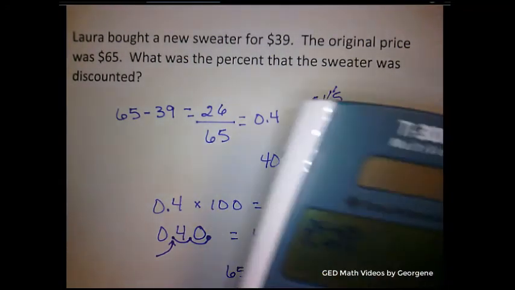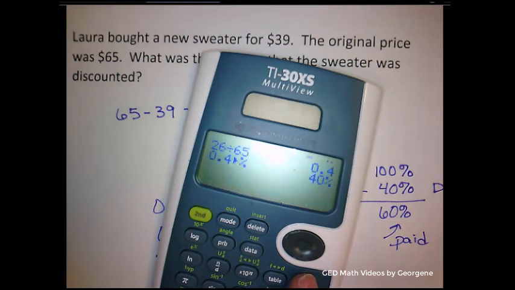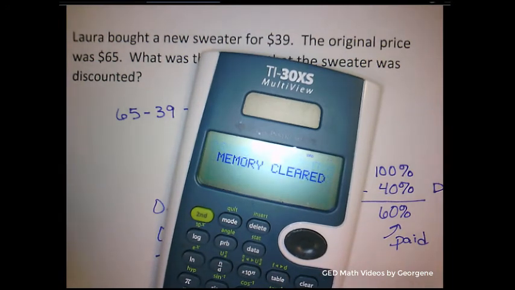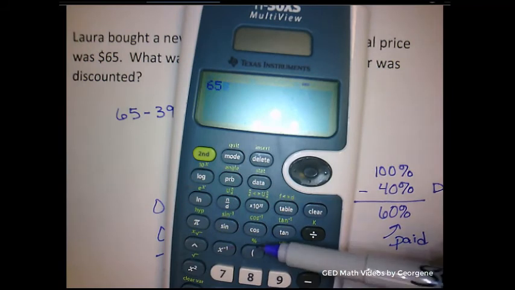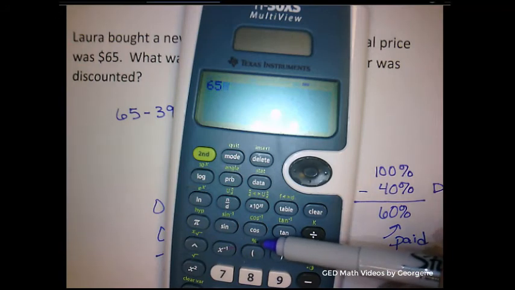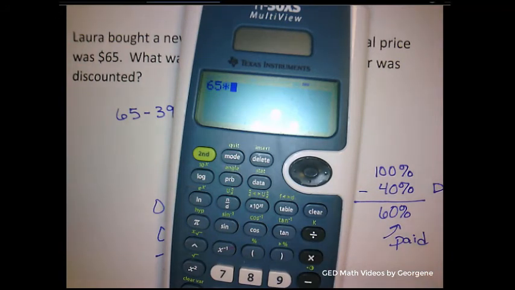Guess what? We get to use the calculator again. Let's clear that out. Let's take 65, and I'm going to show you a new key. Right here is the percent. Right next to it is the change to percent, but we don't want that. We want the percent. So let's take 65 times 60%, because that's what we're paying, right?